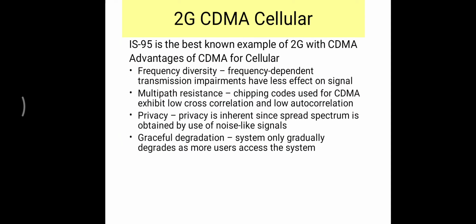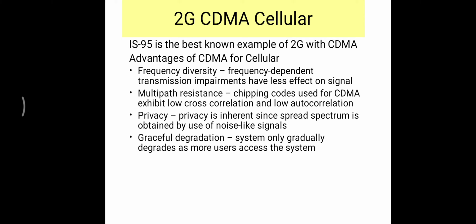At the same time they also introduced CDMA. 2G CDMA is code division multiple access. We divide a single channel into multiple channels, and we access each channel with codes. That is CDMA. The advantage of CDMA is frequency diversity, so frequency dependent transmission impairments have less effect on signals.